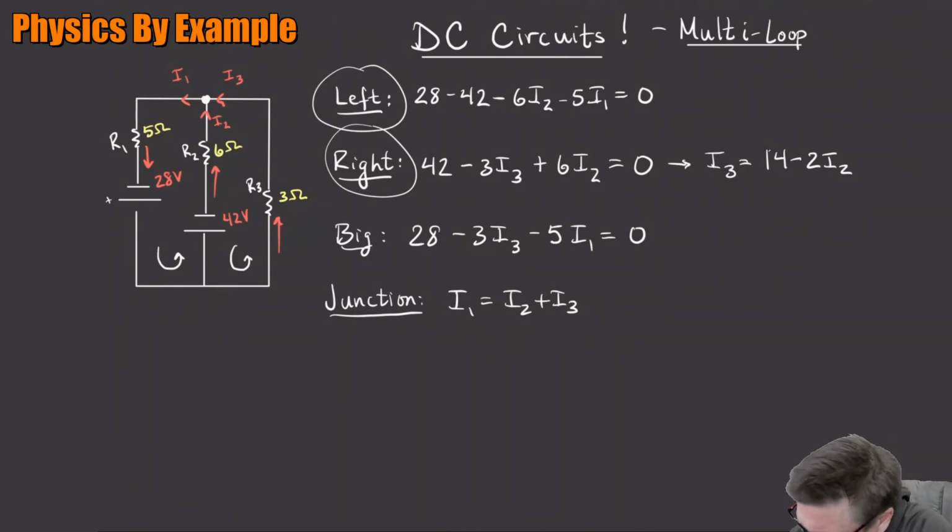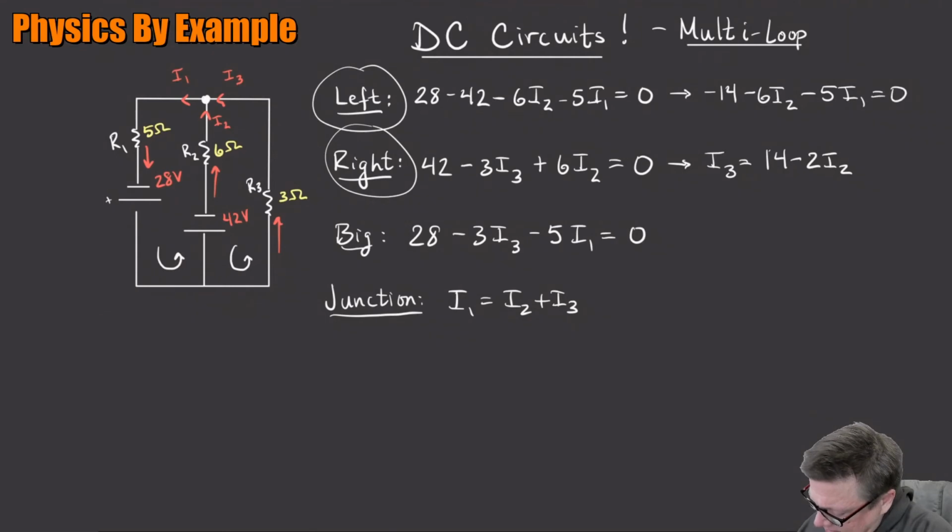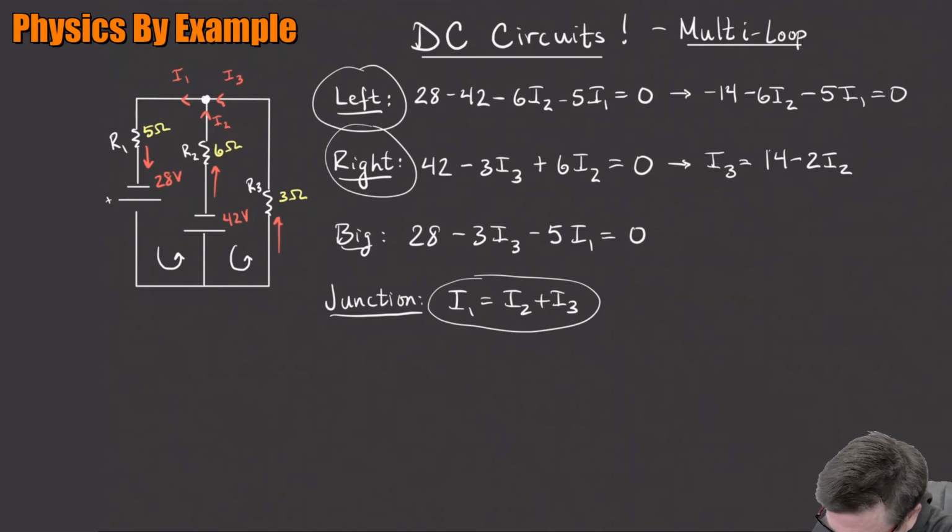And then this one, let's look at that one. 28 minus 42, that's going to be minus 14 minus 6 I2 minus 5 I1 equals 0. But now let's use that and throw that in for I1. Okay, let's write these down here. I got minus 14.